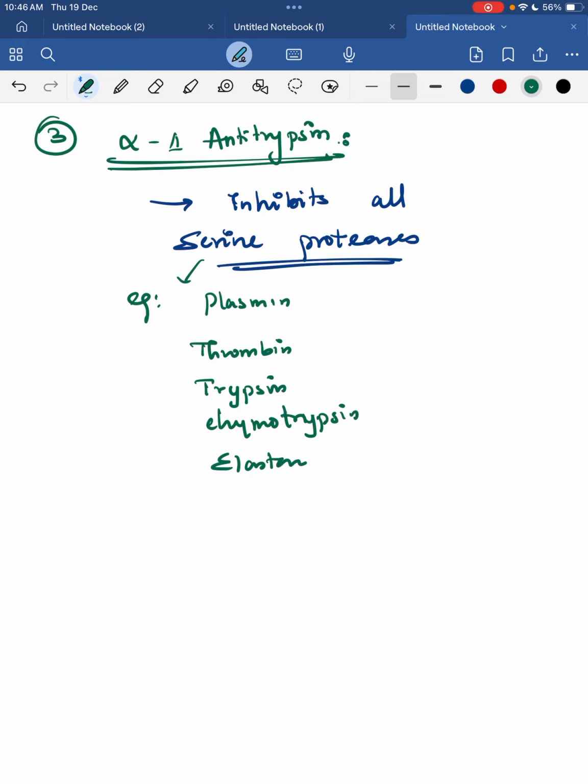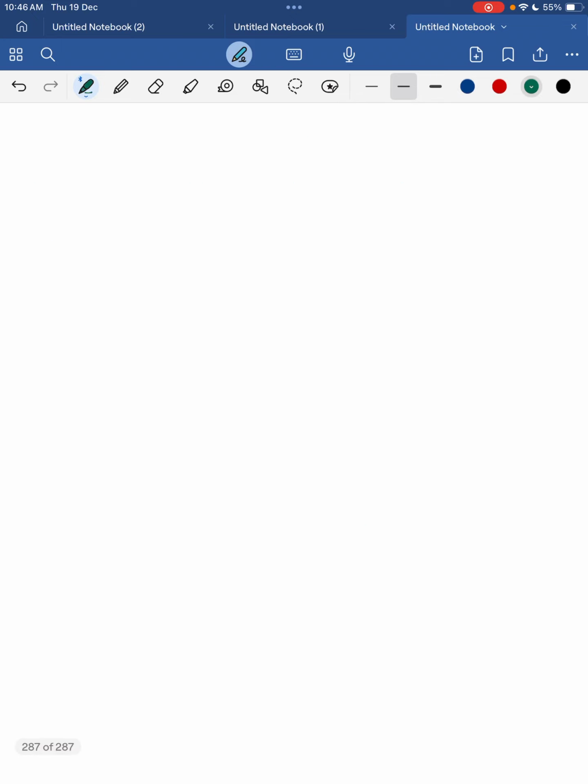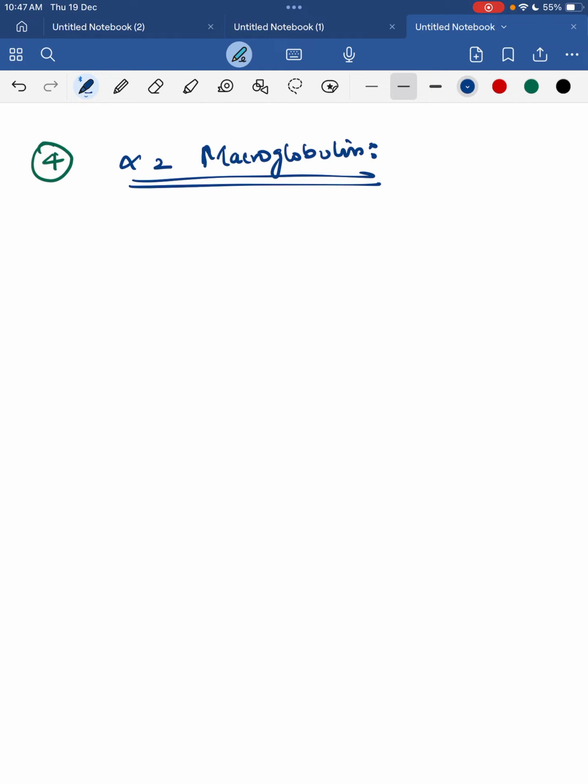Right? Next, the fourth acute phase protein is your Alpha2 Macroglobulin. So this Alpha2 Macroglobulin is a major component of your Alpha2 globulins. Second point, it is synthesized by hepatocytes and macrophages.